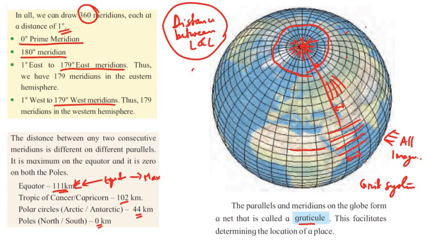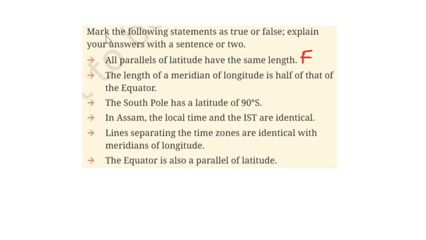This one is this much big, whereas this one is so much bigger. Of course this is false. The parallels of latitude all have unequal lengths, and the length decreases as we move from the equator towards the poles. Okay, so this is false.